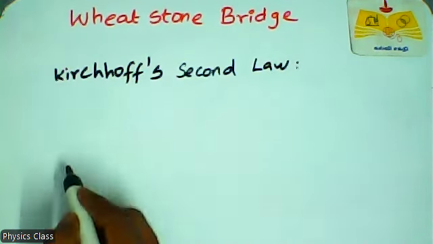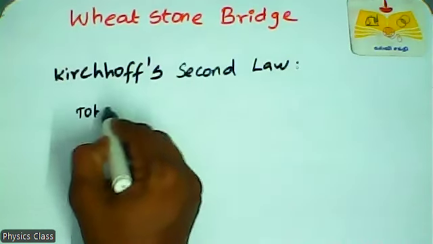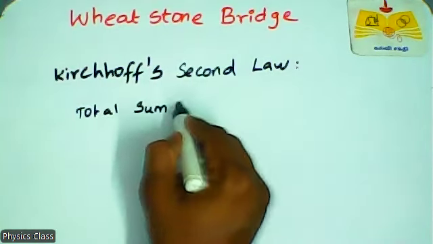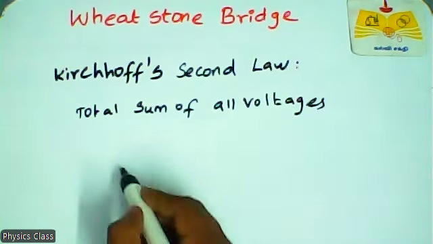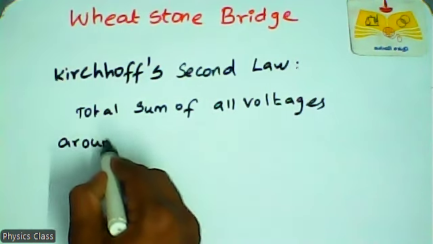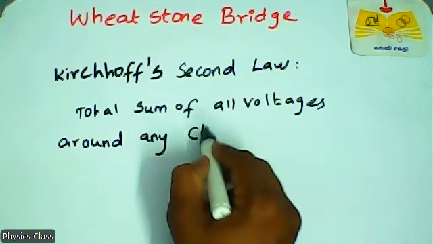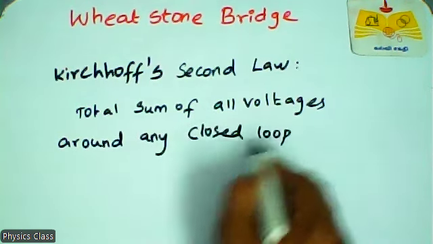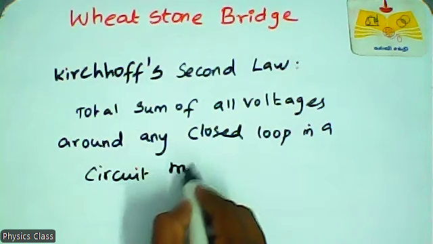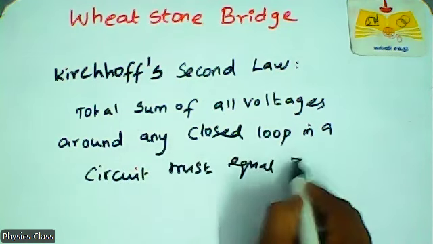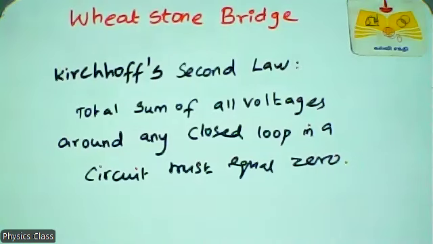It states that the total sum of all voltages around any closed loop in a circuit must equal zero. So this law belongs to voltage.